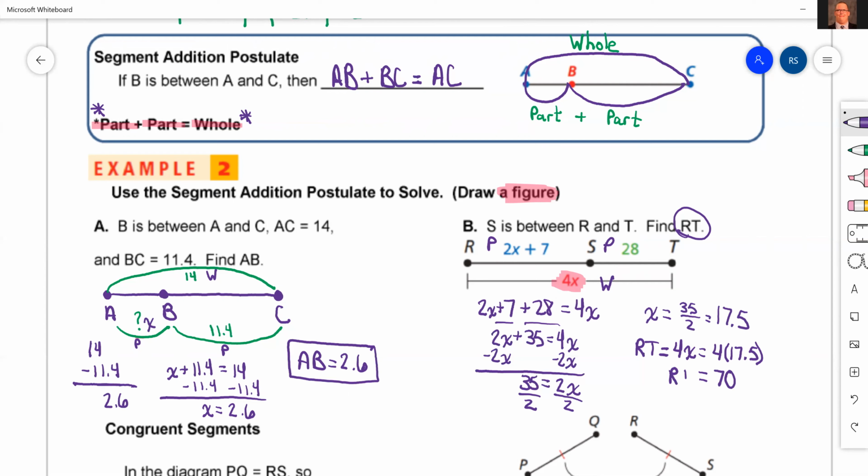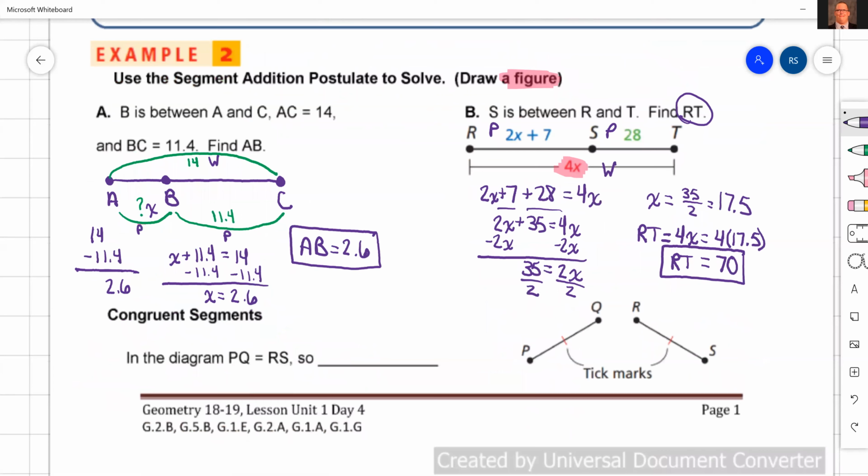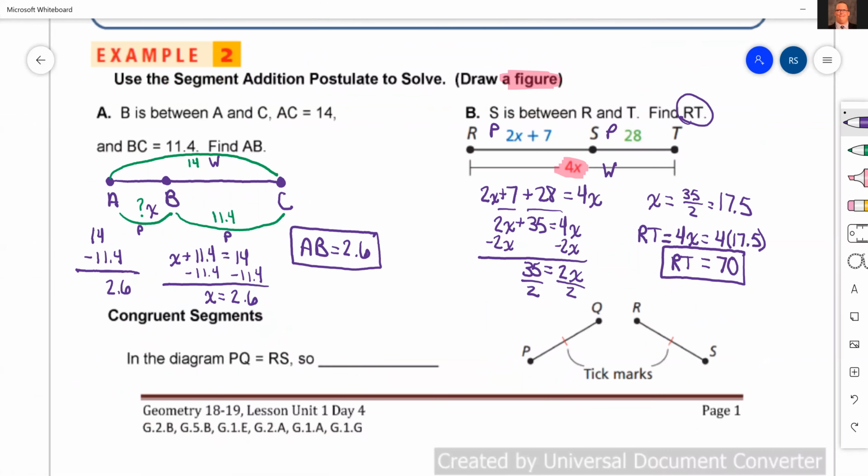So that means that RT has to be 70. Okay, so there's that example.